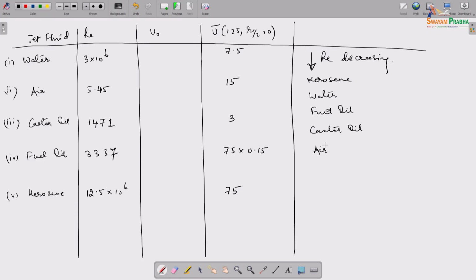So the Reynolds number is decreasing. What's U mean? Kerosene is 75, then water is 7.5, fuel oil is less than this, then castor oil is 3, and air is 15. So that is the mean velocity.